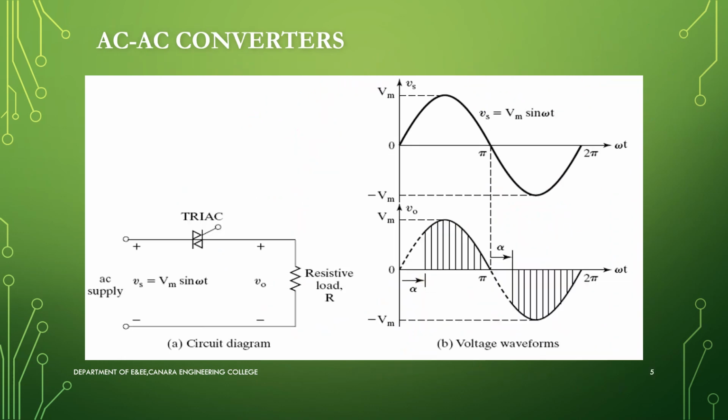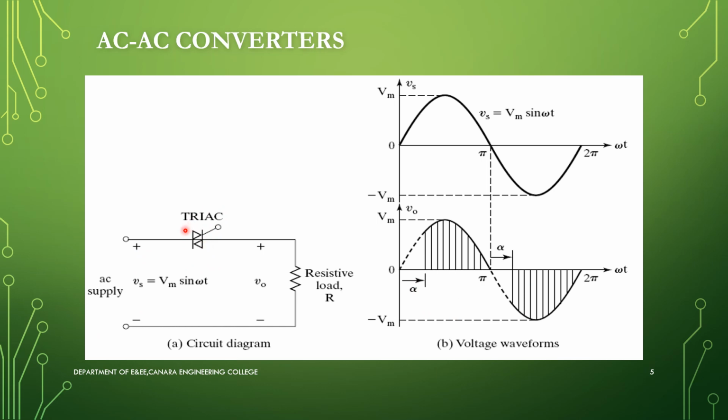Next, we will move on to AC converters. So fixed AC gets converted to variable AC. The semiconductor device used here is the triac.